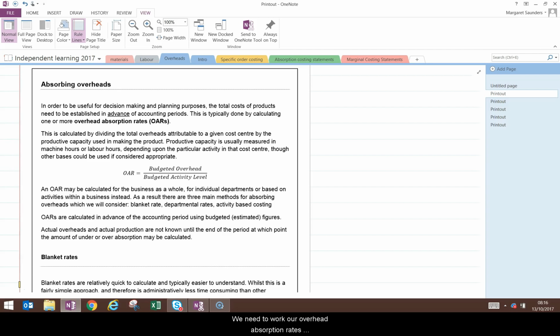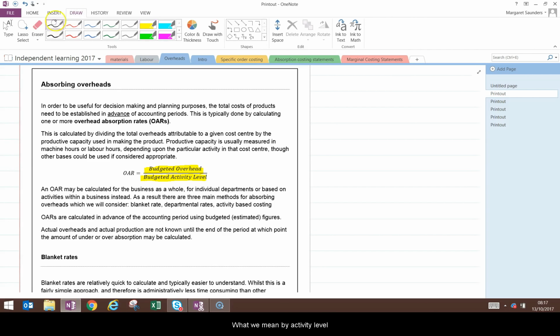So we need to work out our overhead absorption rates before we start producing or providing the service. And therefore, we have to work them out on budgeted or estimated figures, exactly as we did in the example with Adam and Bernard. So overhead absorption rates are always calculated taking the budgeted overhead and dividing it by the budgeted activity level.